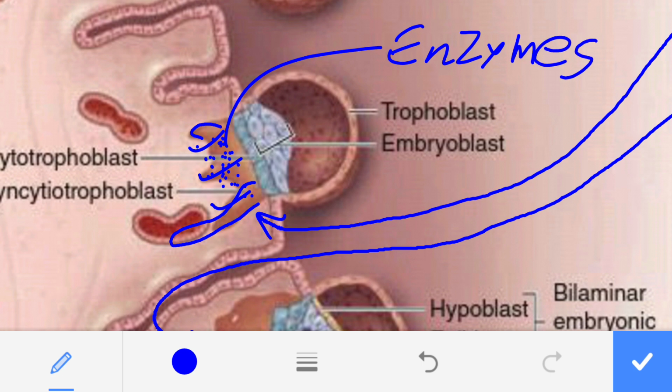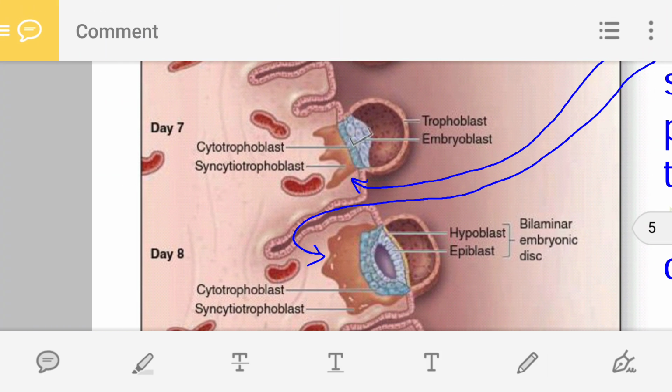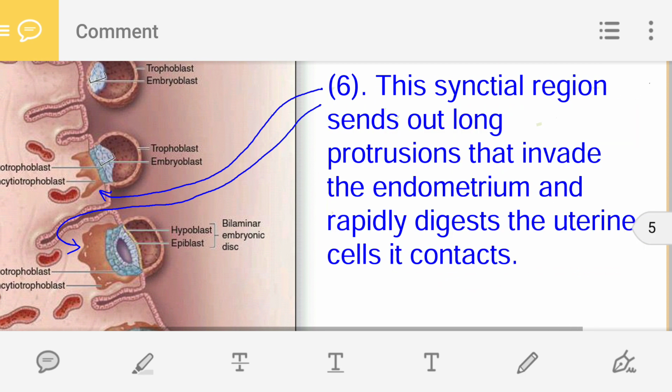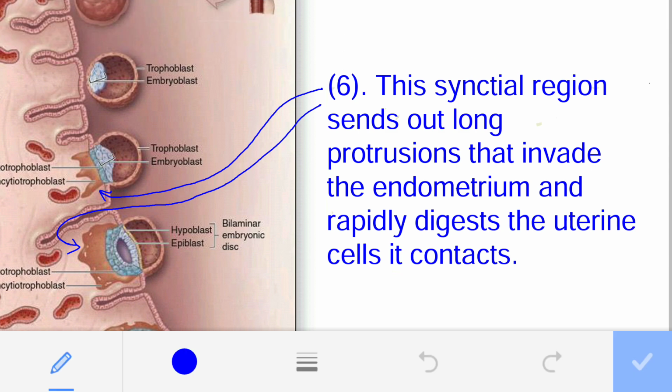So these enzymes are digesting whatever material of the endometrium comes in the way. All the cells, whether it is the lamina propria or the uterine gland, they digest everything which comes in their way. So we can say that the syncytial region is sending out long protrusions, and they are digesting and invading the endometrium.